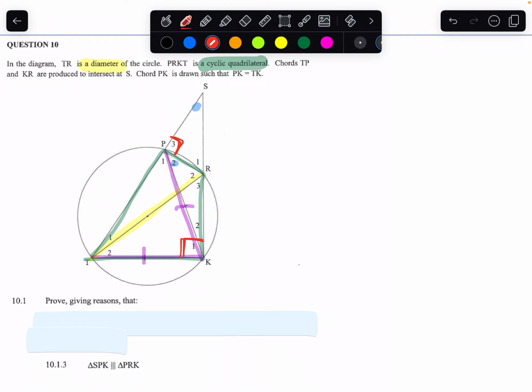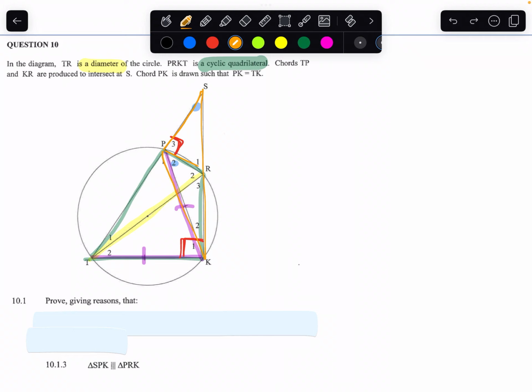Okay, right, so now we are asked to show that triangle SPK and triangle PRK are similar.